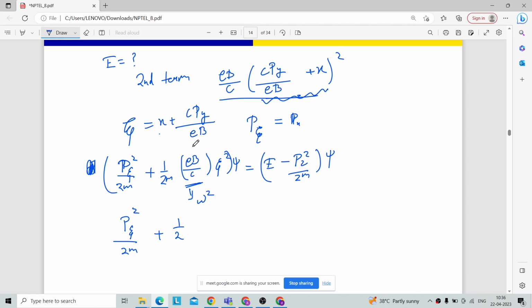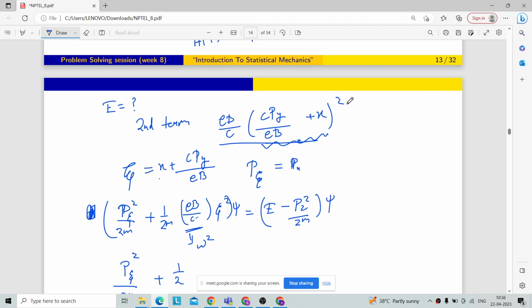Half m omega square should come, right? So let me multiply. It came out of a square, right? So it's a square.